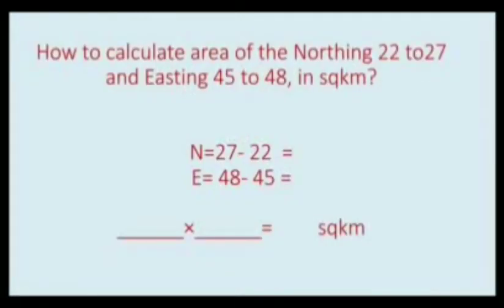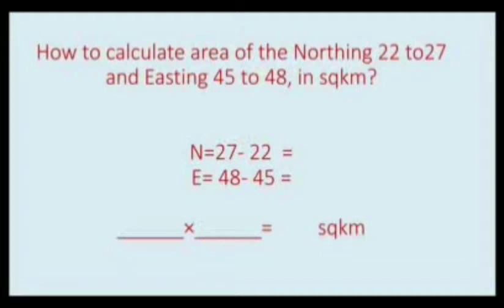Now, how to calculate the area of northing 22 to 27 and easting 45 to 48 in square kilometer? Instead of counting the number of blocks, the simple method is to write down northing 27 minus 22, easting 48 minus 45, whatever the answer will be.